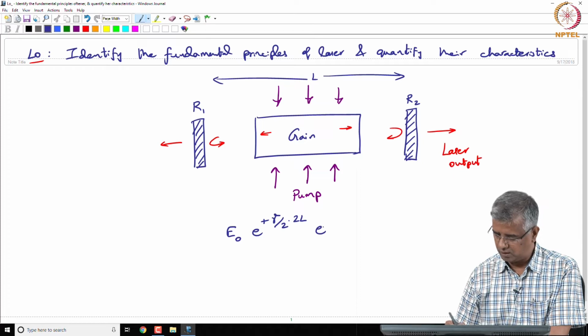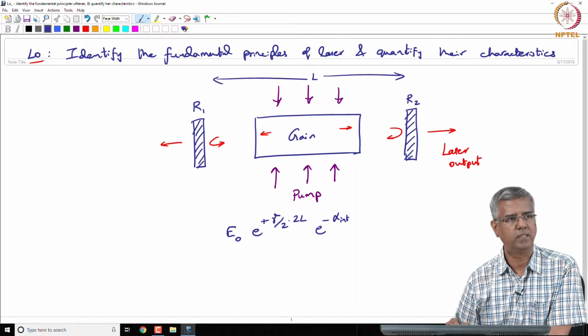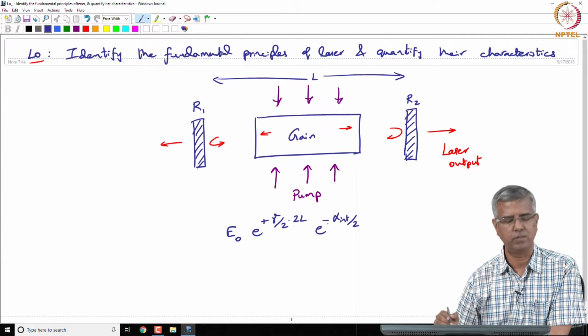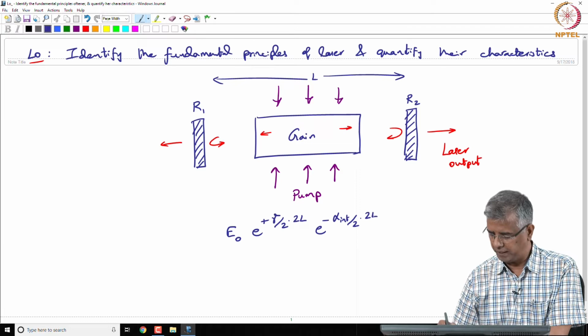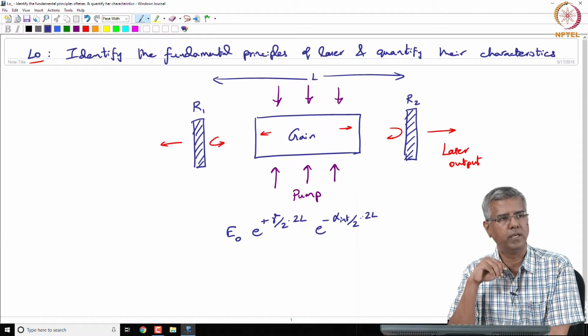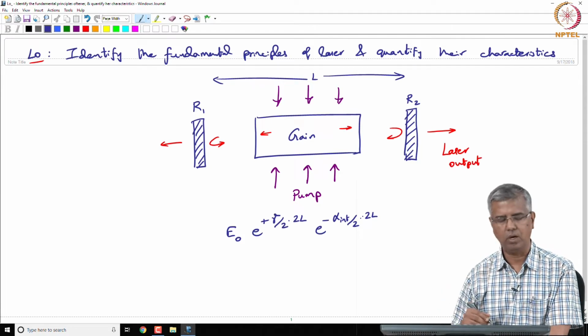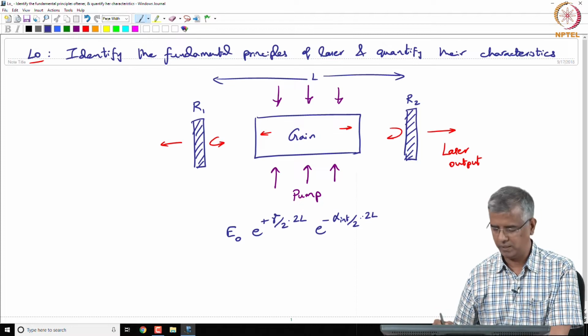So, that loss, I would call it as the loss coefficient is alpha int, and once again, since we are tracking fields, I would say alpha int divided by 2 multiplied by 2L corresponds to all these background losses, and then you also have losses at the mirrors, right.